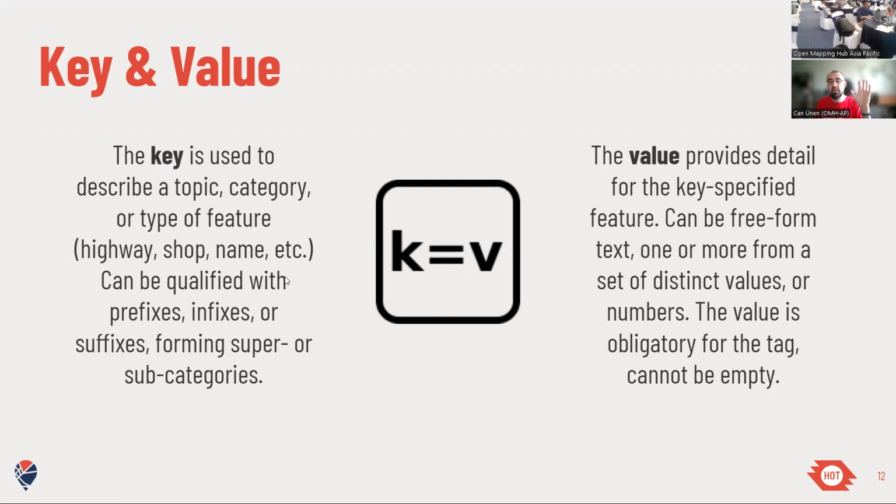One or more from a set of distinct values are generally used. So when you use the shop key, the values for the shop are generally defined, and there are certain standards and distinct values that are used for certain shops. And the values are obligatory, so it cannot be empty. Key equals value. That pair makes up the tag, and they cannot be empty.